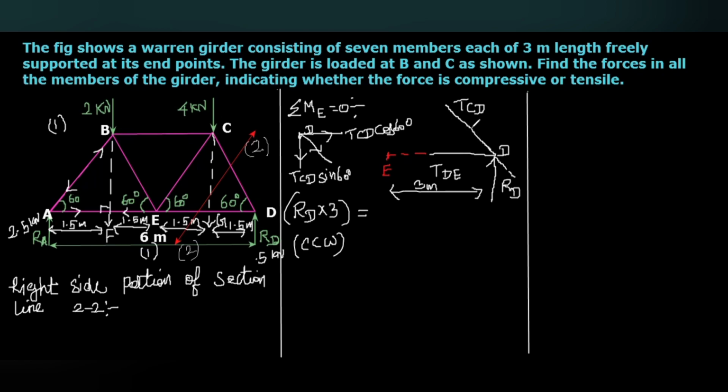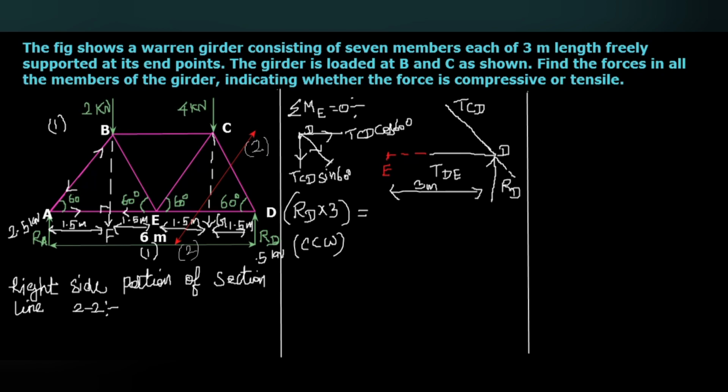If it acts upward, that means away from the point D, the vertical component will be upward. An upward force at D gives the same direction as RD. So you will again get a counterclockwise moment that cannot counterbalance the counterclockwise moment made by the reaction force RD. So the vertical component of that inclined force should be downward.